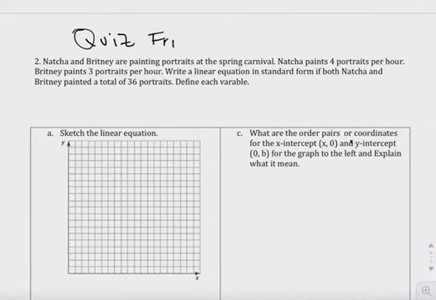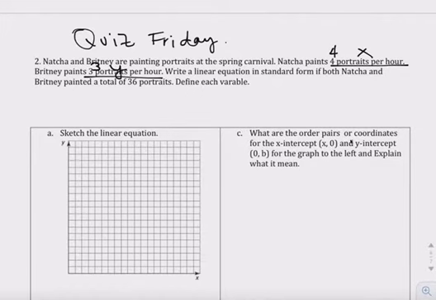But it will be under: Juliana is working at the library and at movie theater. Okay, Natcha and Brittany are painting portraits. At the spring carnival, Natcha paints 4 portraits per hour. So Natcha is 4x. Brittany paints 3 portraits per hour. So because it's Brittany, it's 3y.